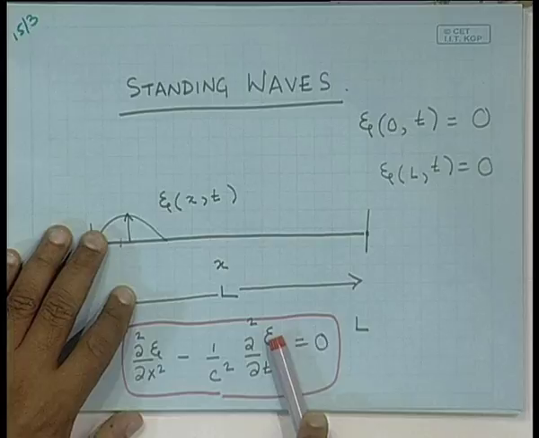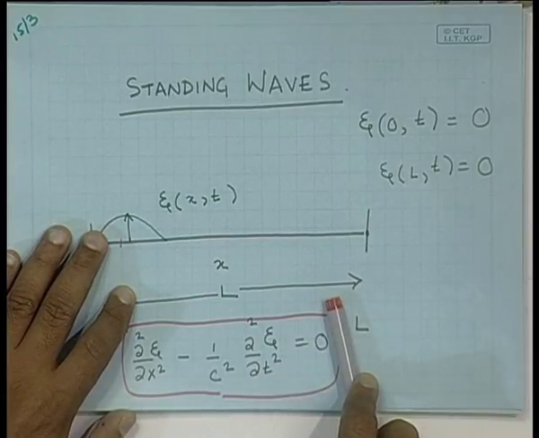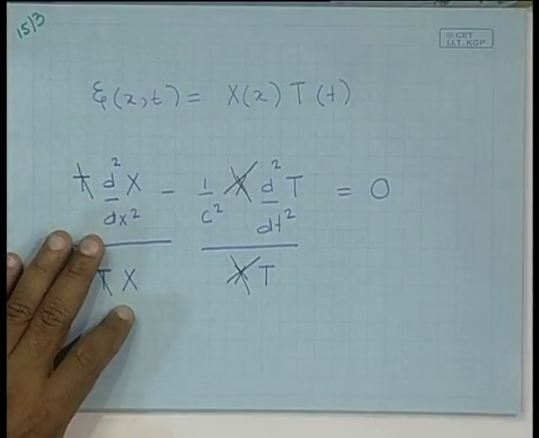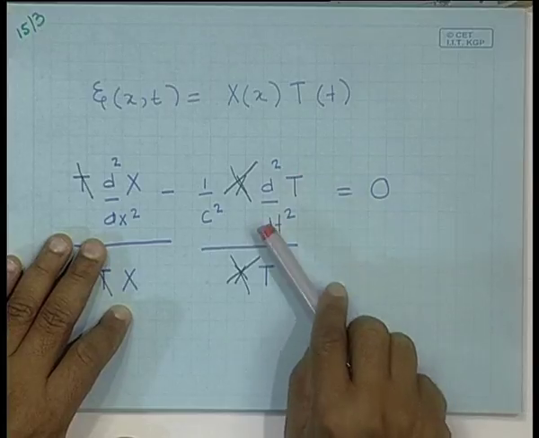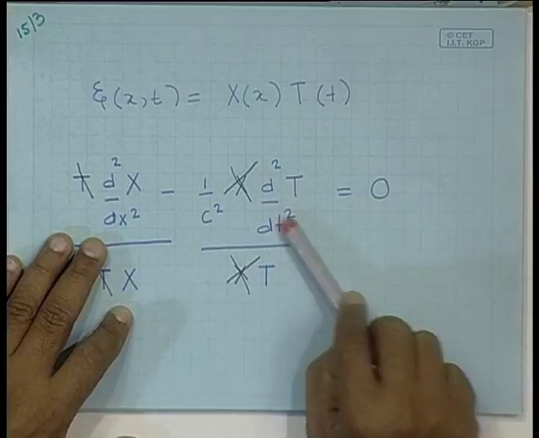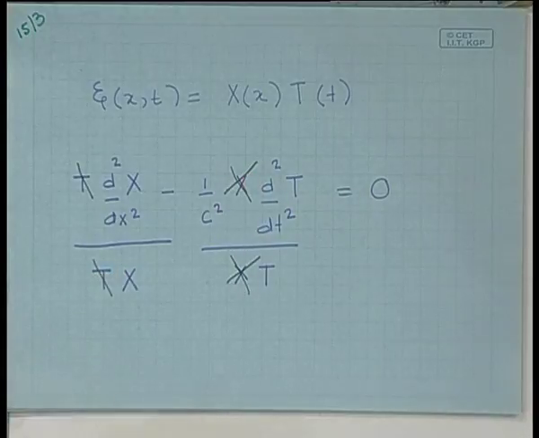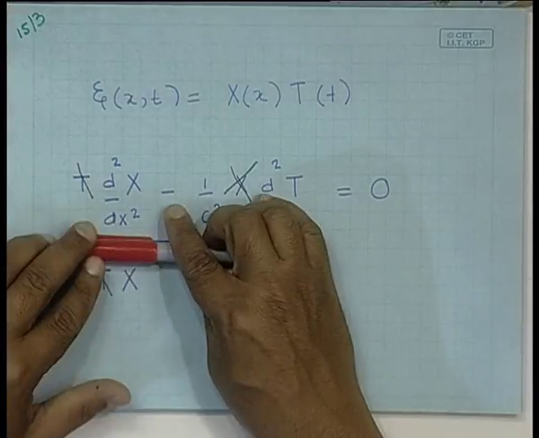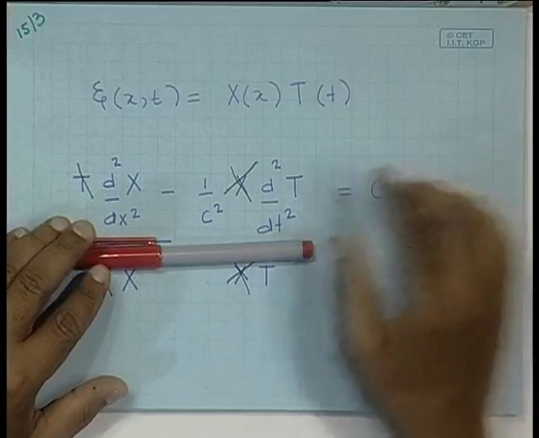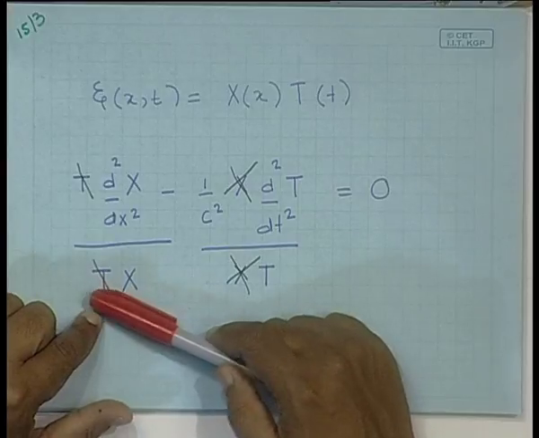Now, if I write xi as capital X into capital T, this time derivative will act only on capital T. So, this time derivative acts only on capital T and it is now an ordinary derivative, there is no need to retain partial derivatives anymore and I can take the function X outside. The next thing which we did in the last class was we divided this whole ordinary differential equation. So, this was the equation that we got. Now, we divided this equation by xi, which is dividing it by T into X.